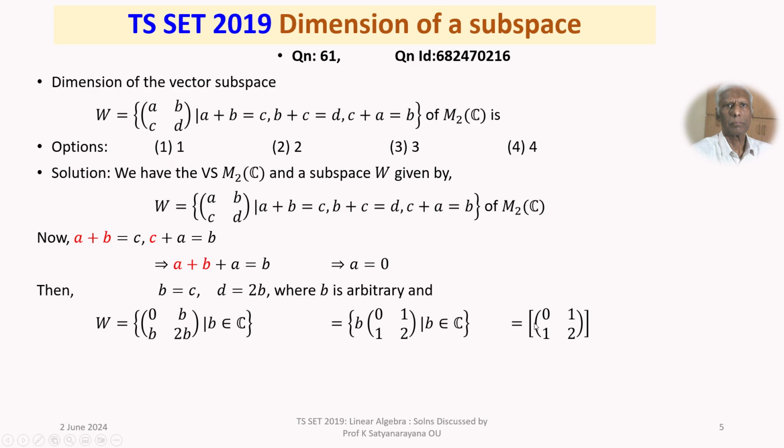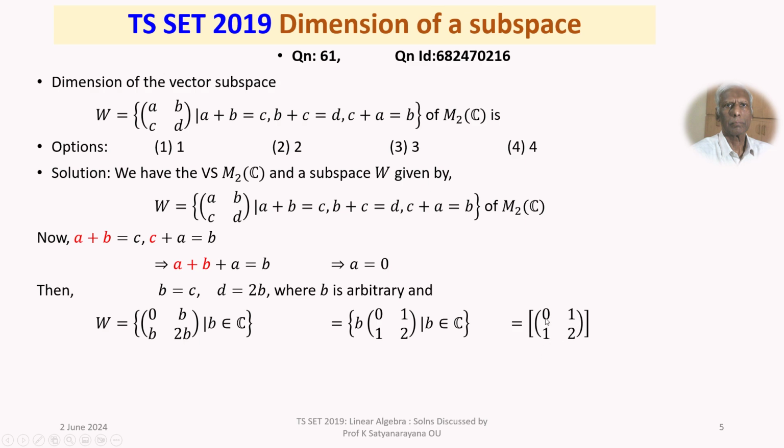It is generated by this single element, and this single matrix is non-zero, and every singleton set consisting of a non-zero vector is always linearly independent. Therefore, it generates and it is linearly independent. Therefore, it is a basis. How many elements are there in the basis?